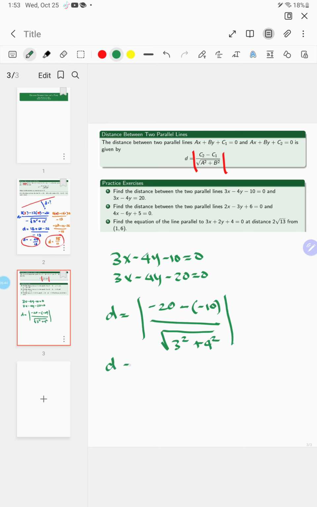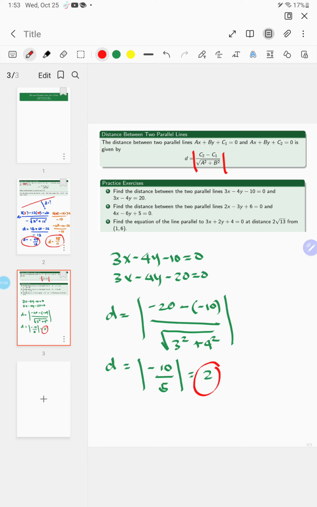This is negative 10 over square root of 25, which is 5. Since it's an absolute value, that is 2. The 2 here means that's the distance between the two lines.